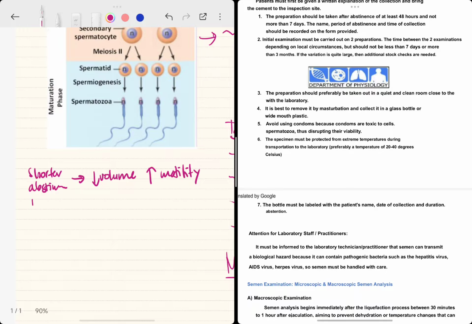But if it's longer abstinence, more than 7 days, the volume is higher, which means more dead or abnormal sperm.